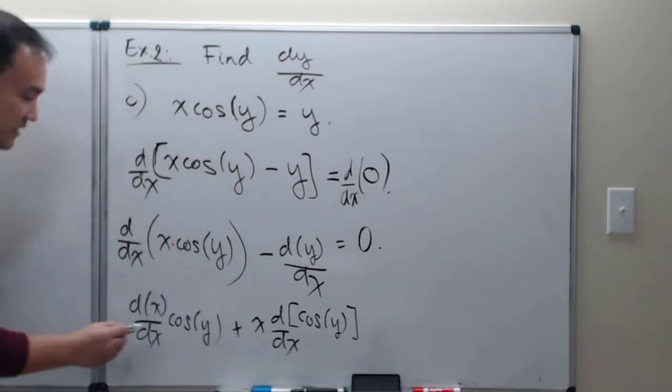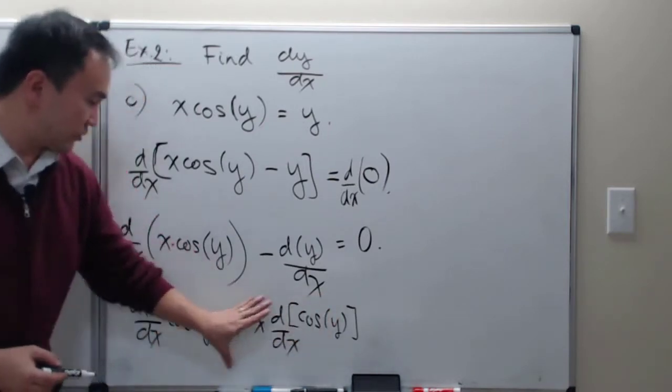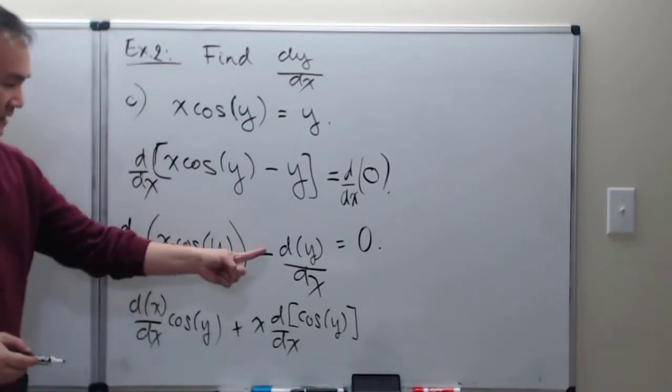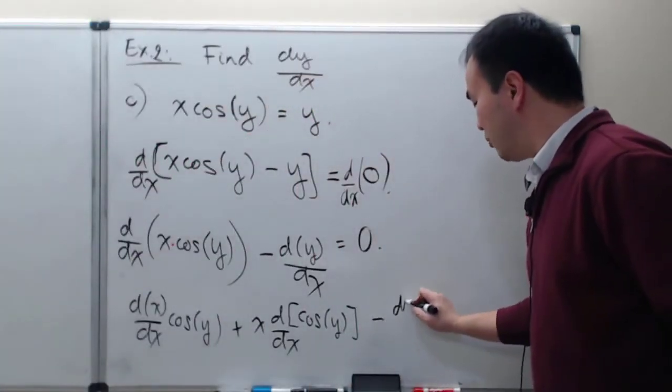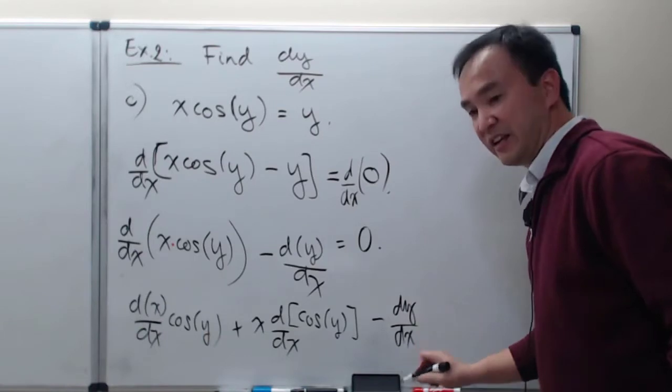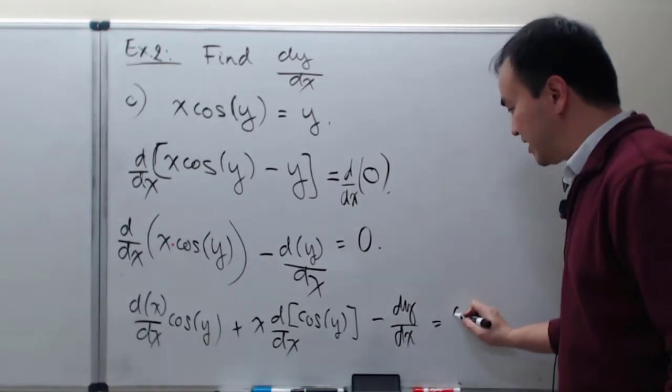That is the product rule to take care of the derivative of the first term. The next term, after that subtraction, is simply dy dx, and you have seen this action in the earlier problem, and equals 0.